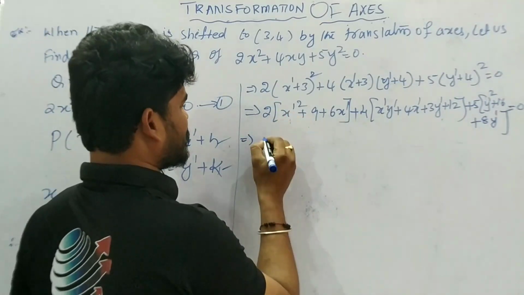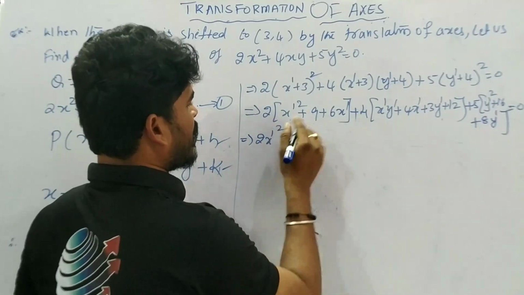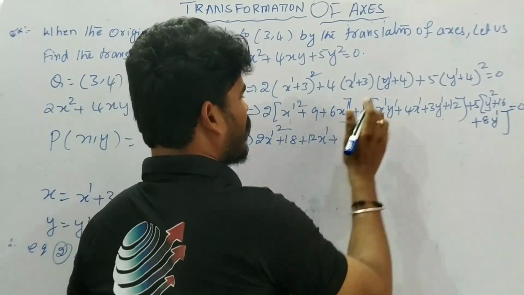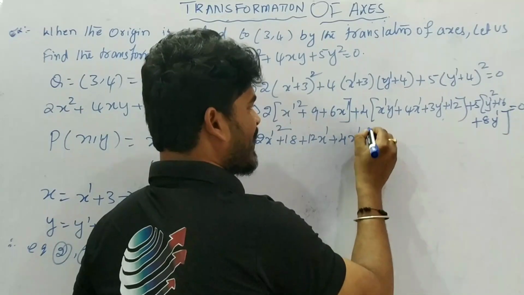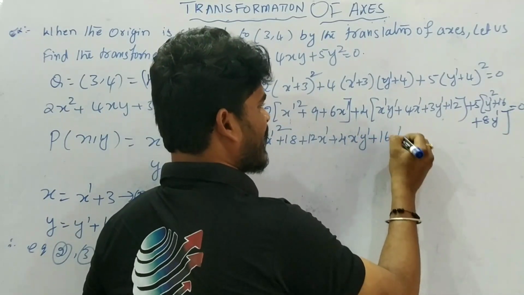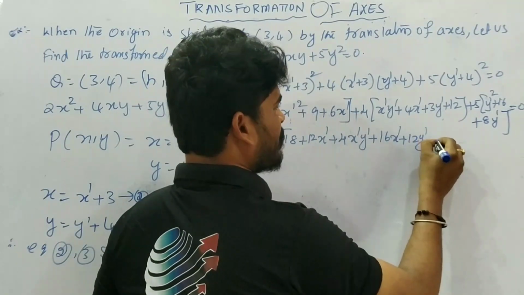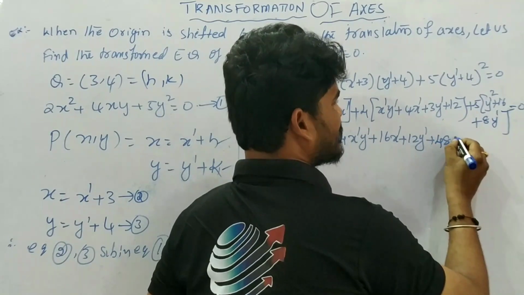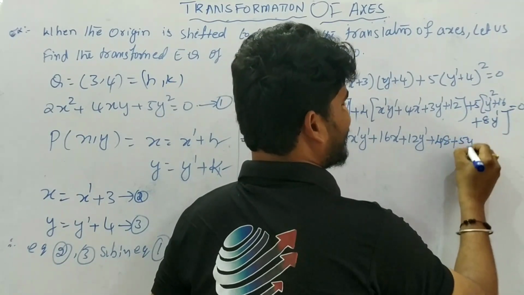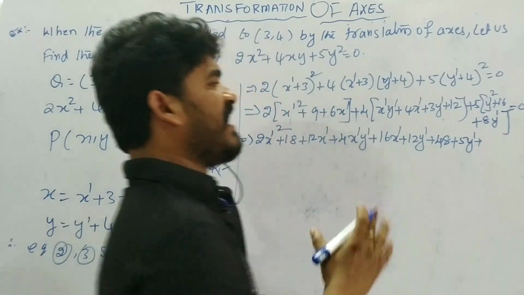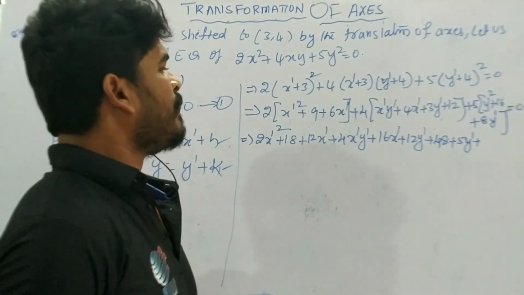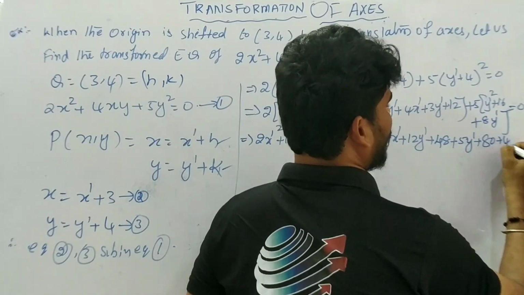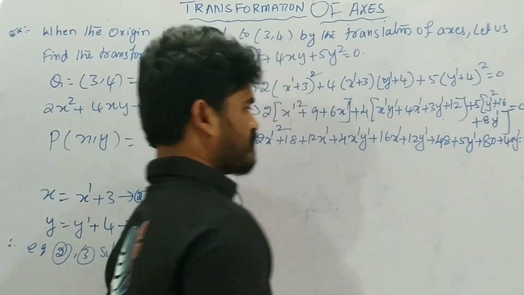From this equation: 2x dash square plus 18 plus 12x dash plus 4x dash y dash plus 16x dash plus 12y dash plus 48, plus 5y dash square plus 80 plus 40y dash equal to 0.